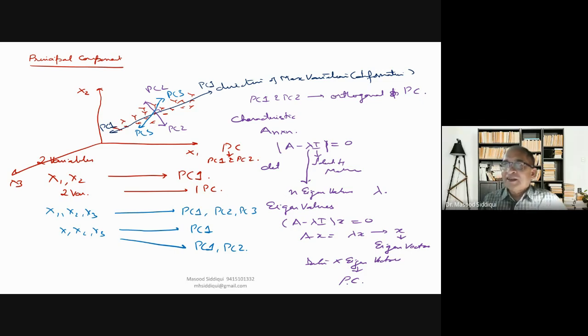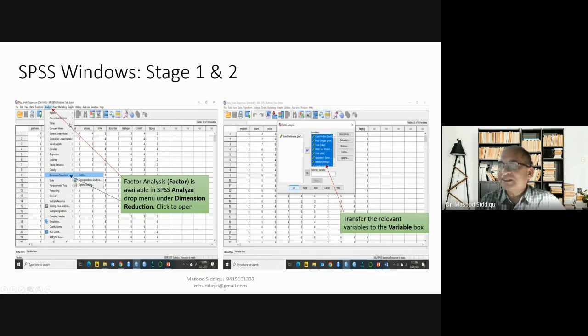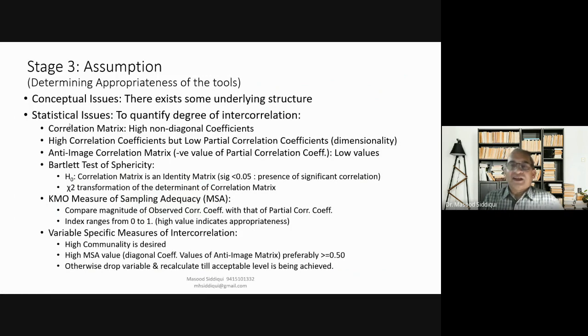So now we are moving forward. These are the screenshots that I have mentioned. Now the first thing that we want to discuss is related to determining the appropriateness of the data, meaning whether this data is capable enough to be applied for principal component or factor analysis.